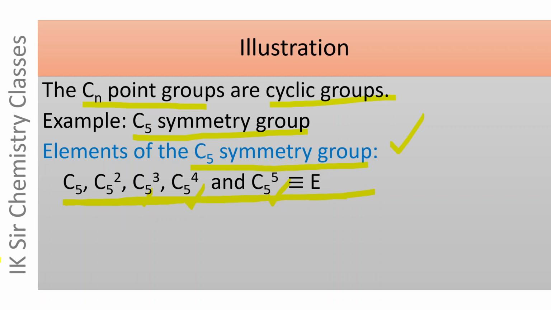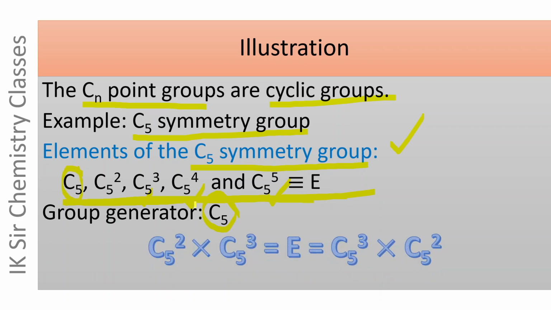which is a mathematical group, and all these elements are generated by a single element C5, and these have different powers of C5. Here C5 is group generator. We have already seen that the cyclic group is always an abelian group and its elements commute with one another.